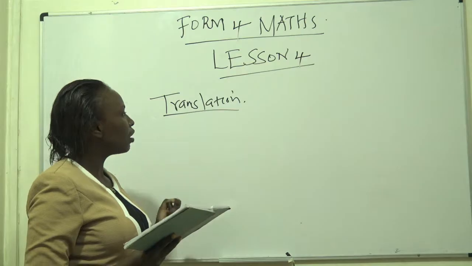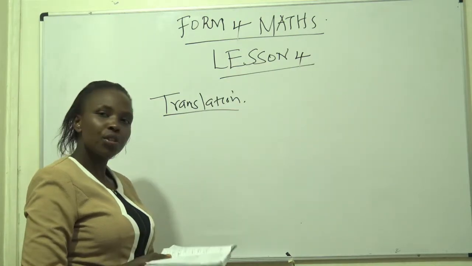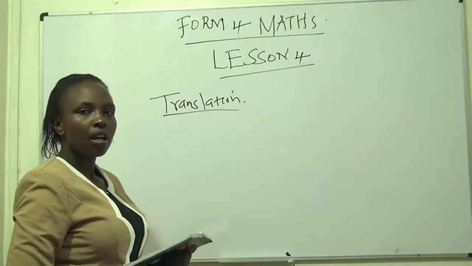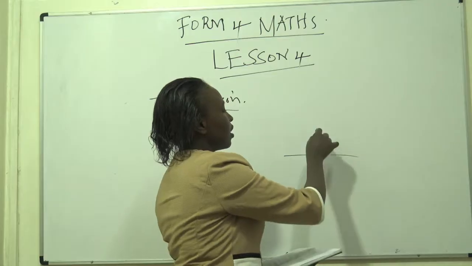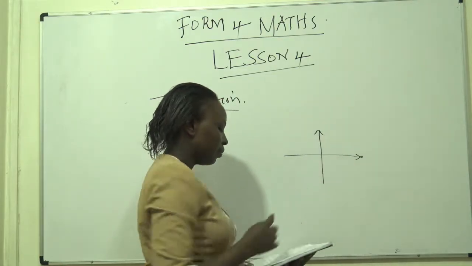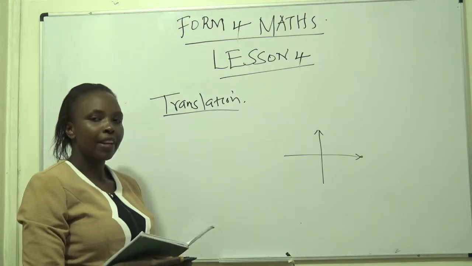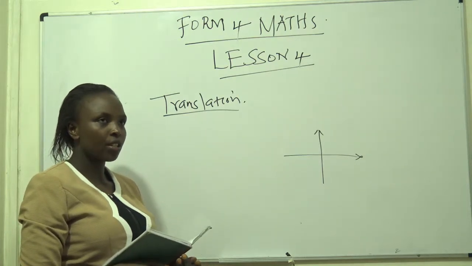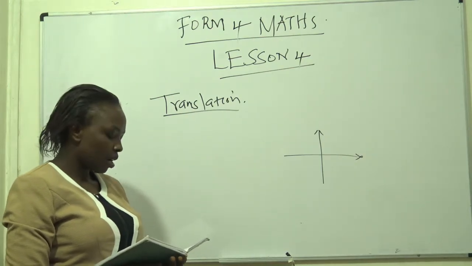When we talk of translation, it's important you note that any translation in the Cartesian plane, the Cartesian plane that I always talk about, can be written as a column vector.